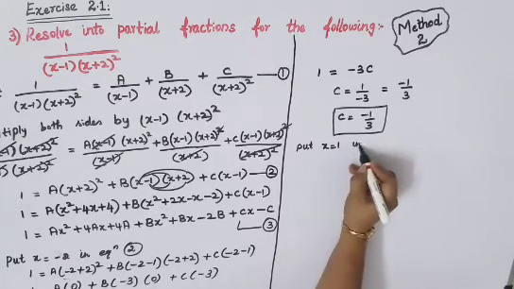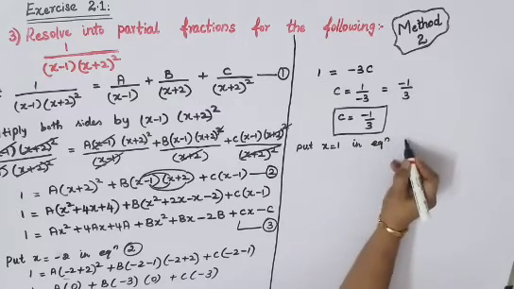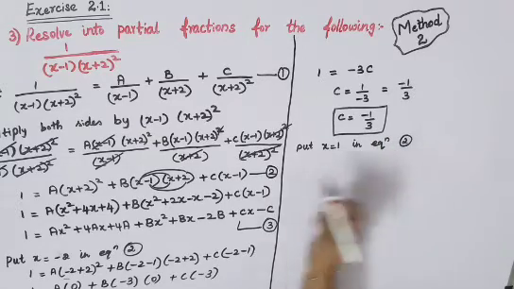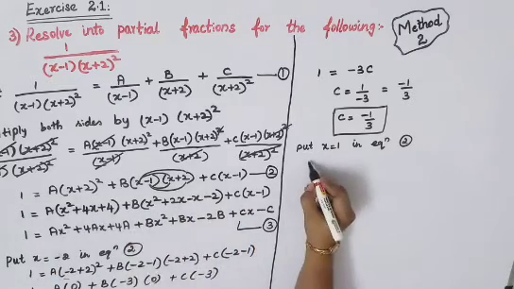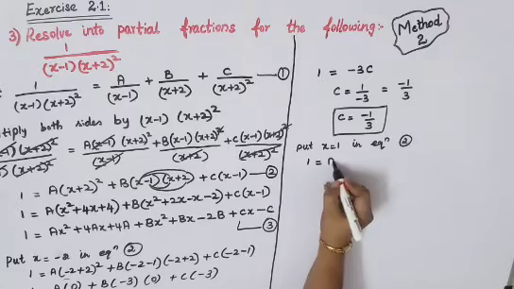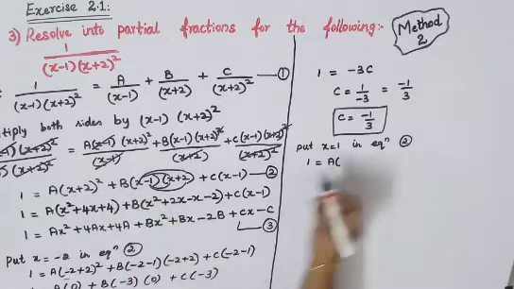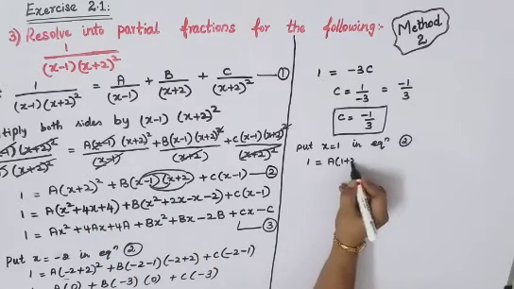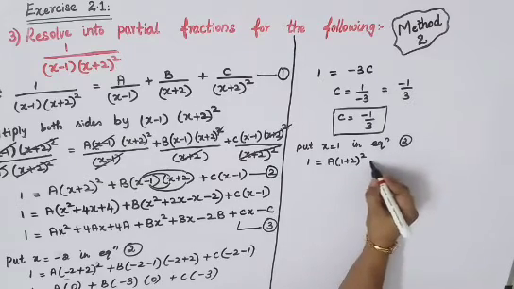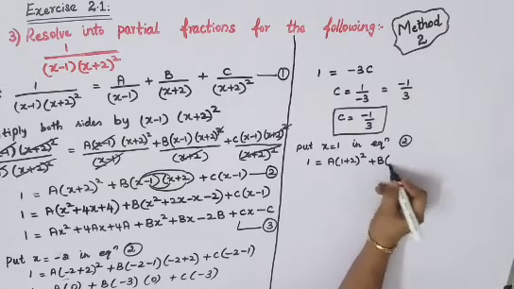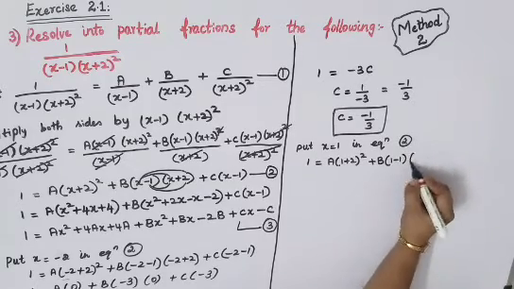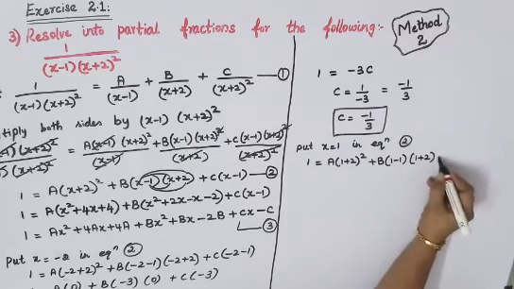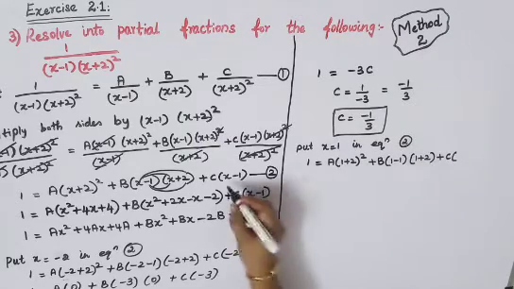1 again in your equation 2 itself. So now wherever x is there, you will have to give 1. Okay. So starting with your 1 is equal to a into, this is 1, x is 1. So 1 plus 2 the whole square plus b into, again here 1. So 1 minus 1 into, again here it is 1 plus 2 plus c into x is there.